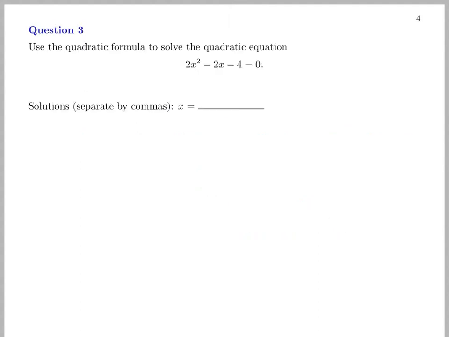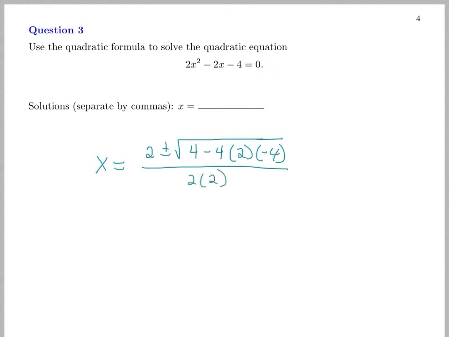Okay, question 3. Use the quadratic formula. Okay, so remember the quadratic formula is x equals negative b, and b is minus 2. So 2 plus or minus the square root of b squared, so that's minus 2 squared, minus 4, a is 2, and c is minus 4, all over 2a, a is 2.